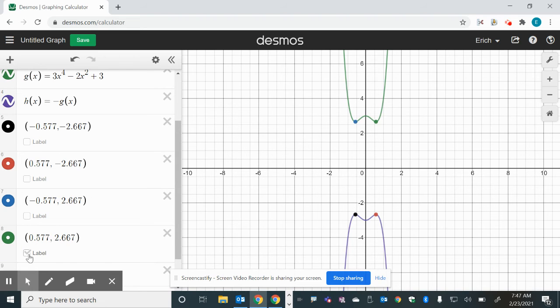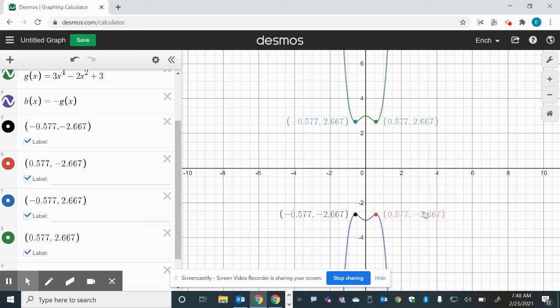When you look at their points, if you put an x into either function, you essentially get the same answers except your y values are opposite. In other words, if I put the same x in both functions, you can see I put in negative 0.577, and I get opposite answers.